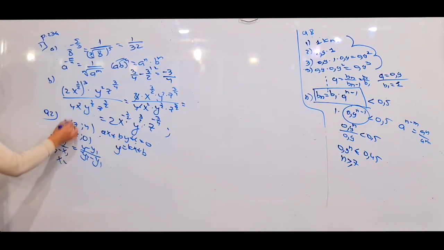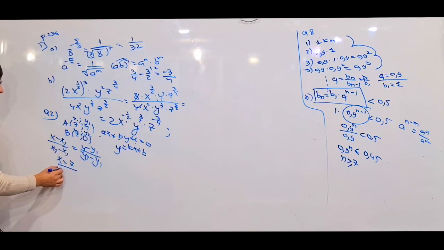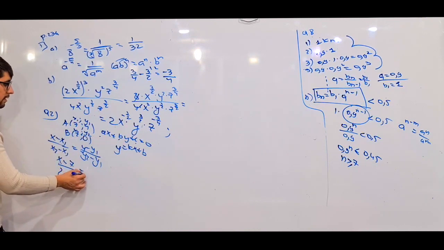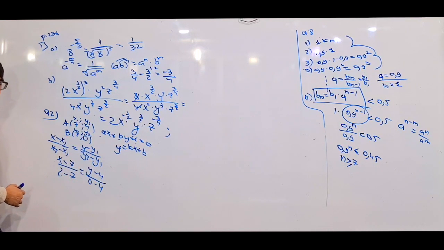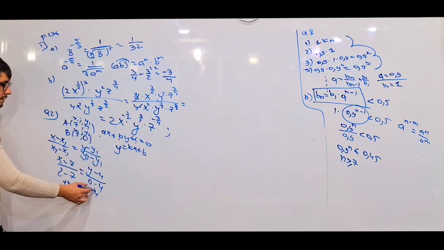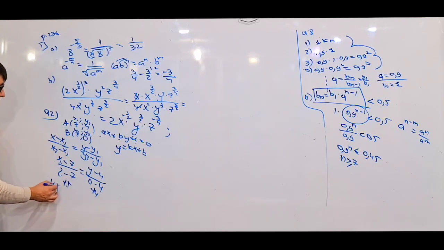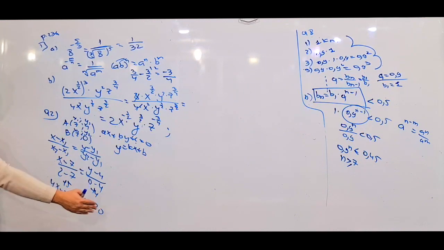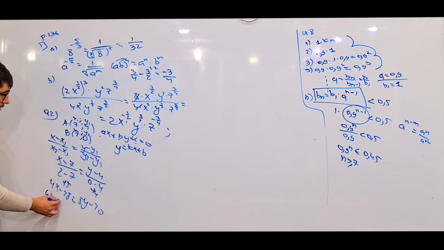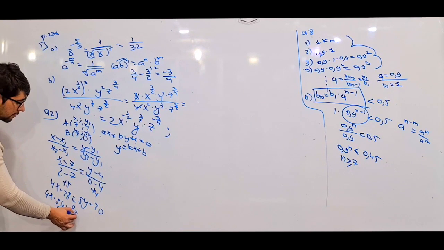Let's do it. x minus x1 over x2 minus x1 equals to y minus y1 over y2 minus y1. 2 minus 7 is minus 5, 0 minus 4, minus 4. You cross multiply, or there happens cancellation of these two minuses. 4x minus 28 equals to 5y minus 20. You bring all to one side. 4x minus 5y minus 8 equals to 0.